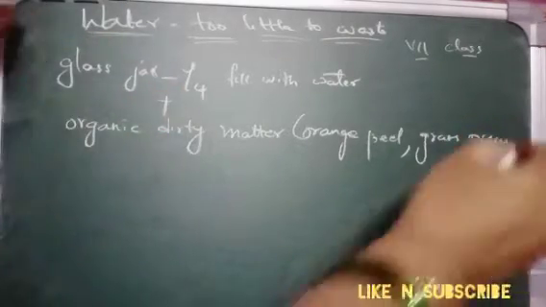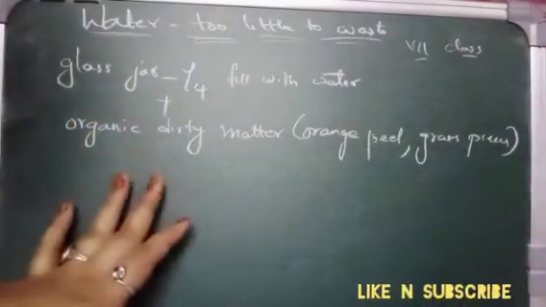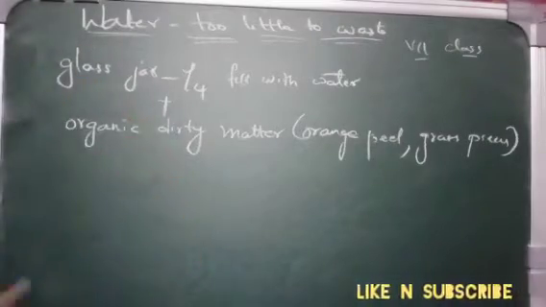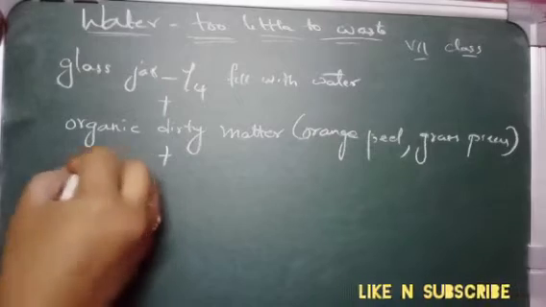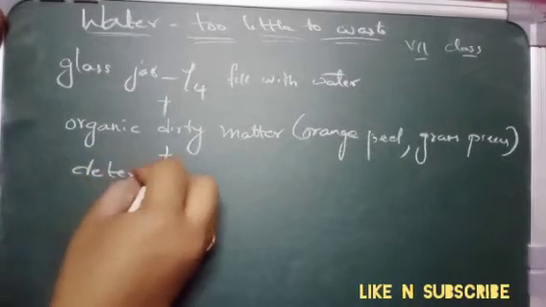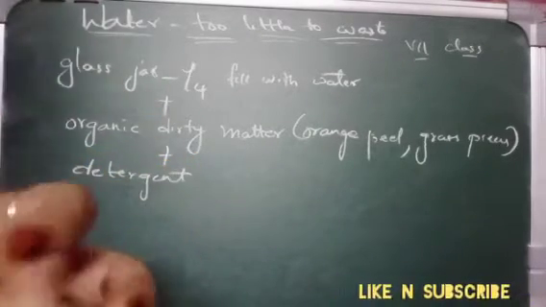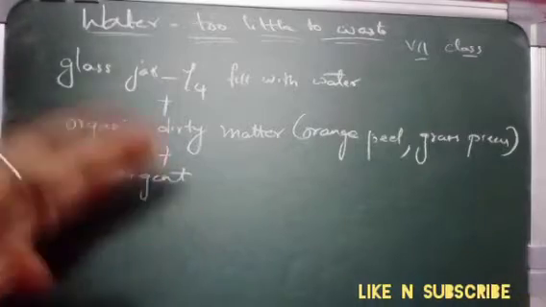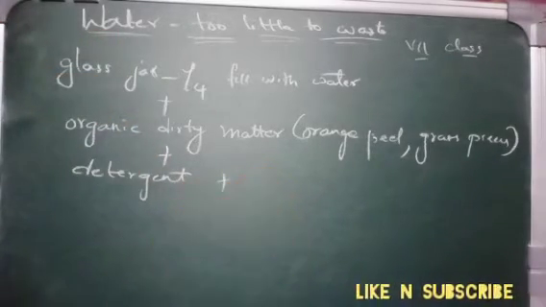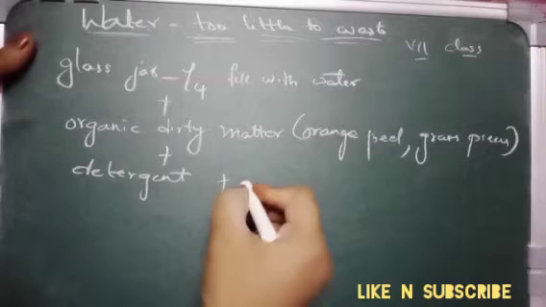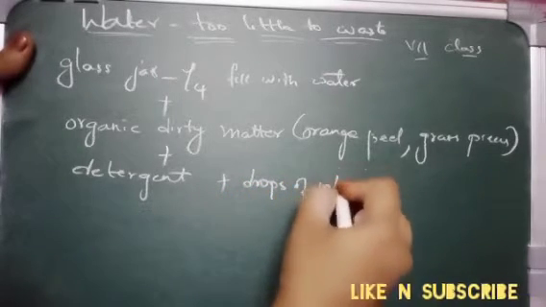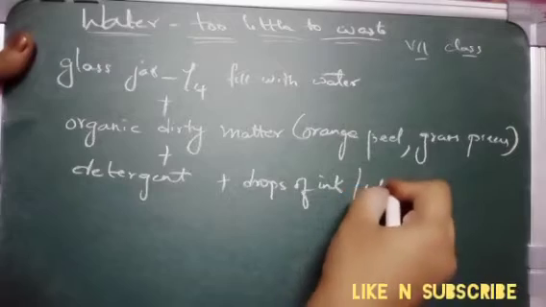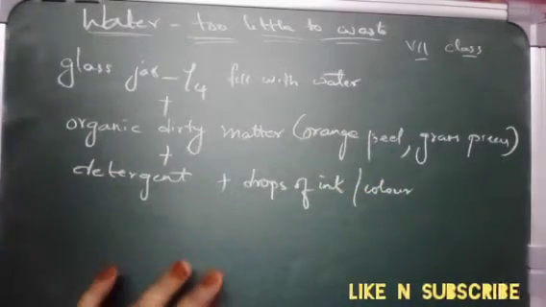We will add these, and some amount of detergent too, like surf or soap, anything you can add. And we'll add a few drops of ink, or you can add some color.